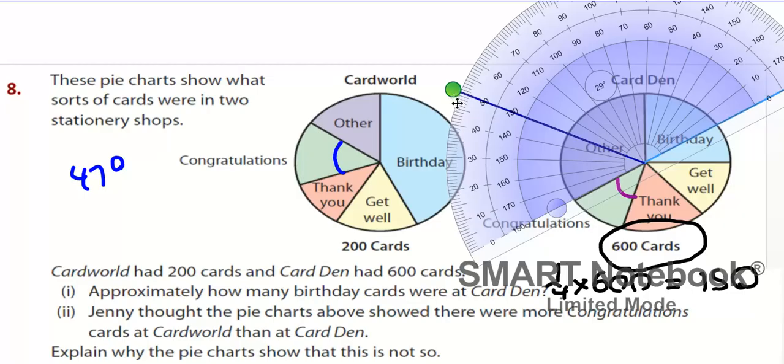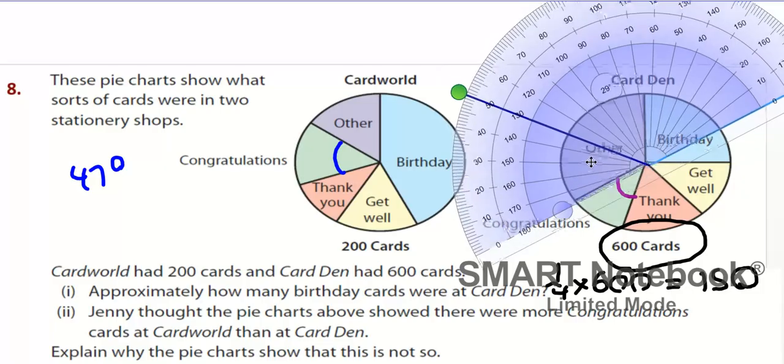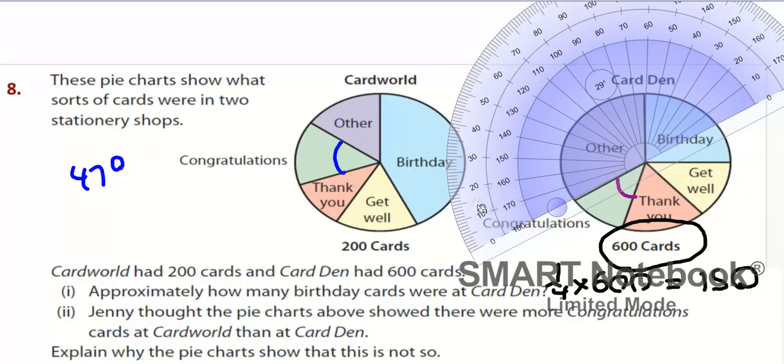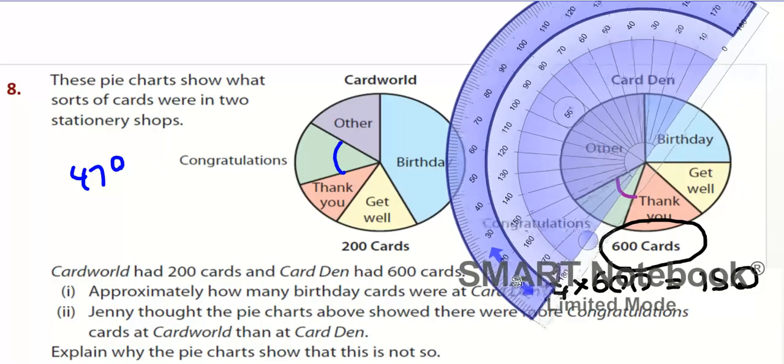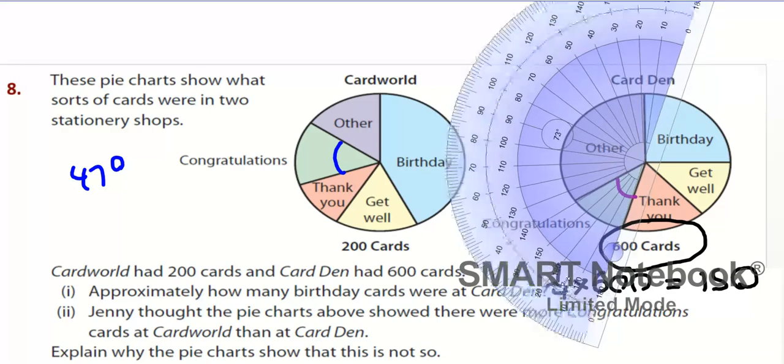Then we get 50 degrees for the other one. Oh, sorry, that's the wrong angle. Sorry, guys. Not 50. Who got about 43? Who got 43? About 43? Now, guys, here's what I'm trying to compare right now, okay?